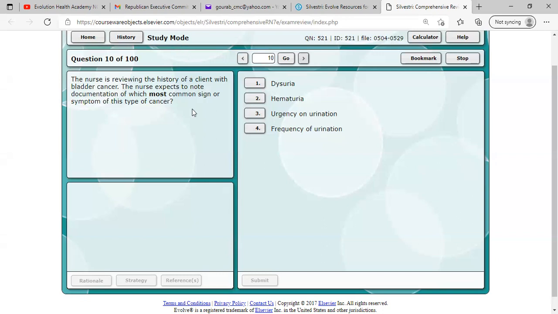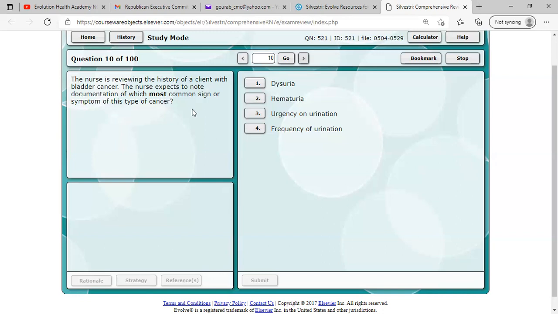So bladder cancer signs and symptoms basically, right? So cancer related, what is the origin? The urinary bladder. So what are the common signs and symptoms of a patient who has urinary bladder cancer?